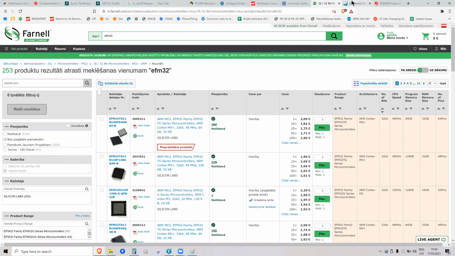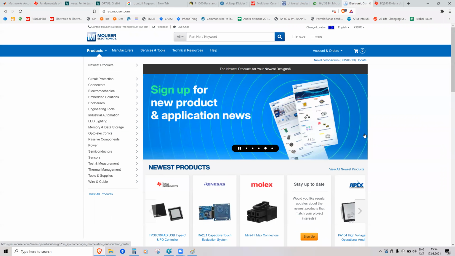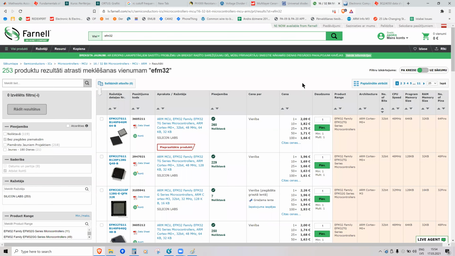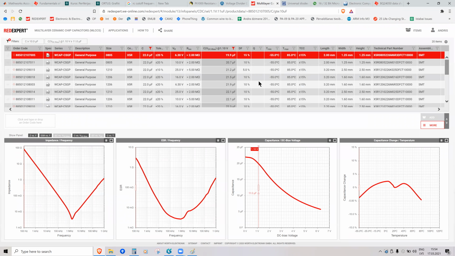Because these Farnell and Mauser, of course, they put their own profit margin on top, and it can be pretty big. I've seen that, for example, an inductor costs in these places €2.50, but buying directly from Wood Electronic, it only costs 50 cents. So 5 times cheaper. So sometimes it's good to just buy from Wood Electronic directly.